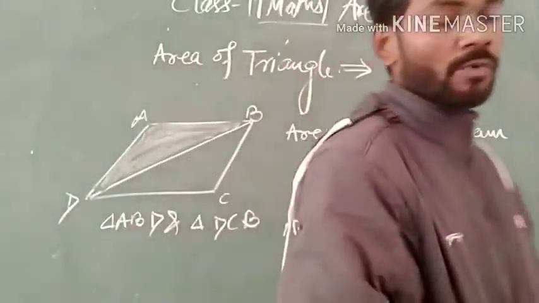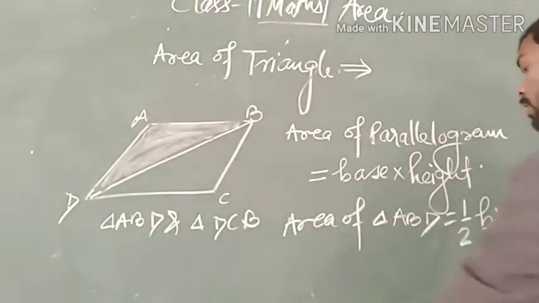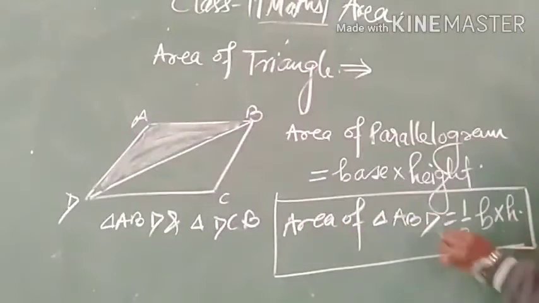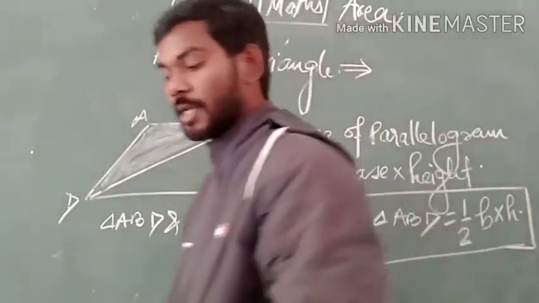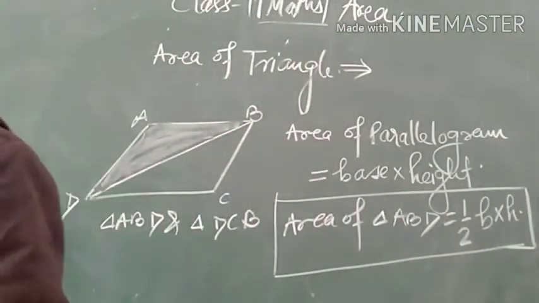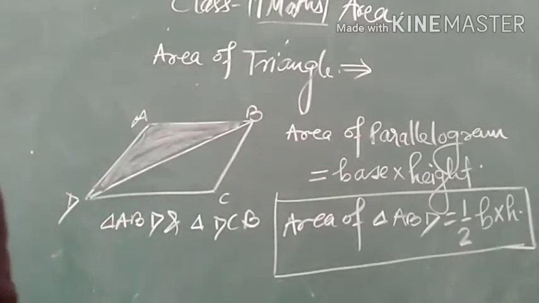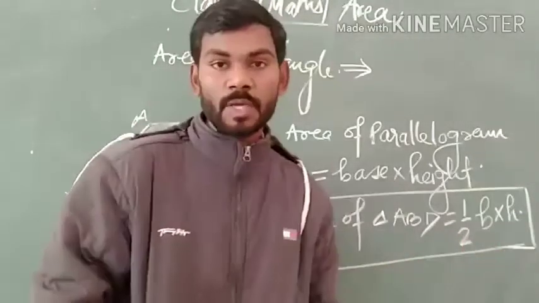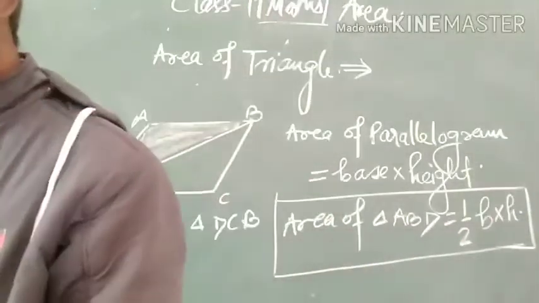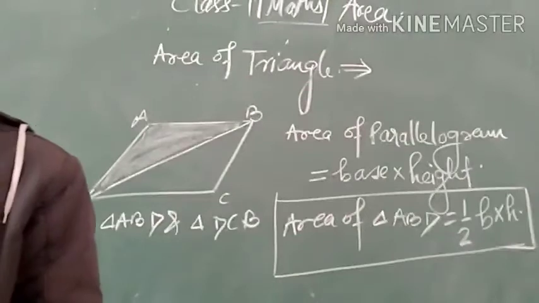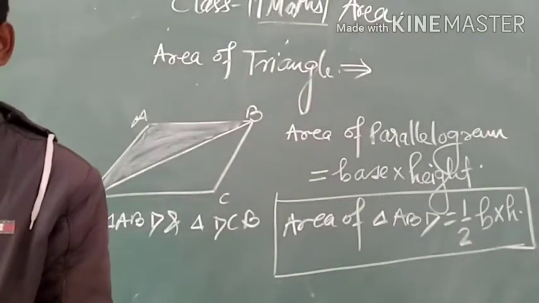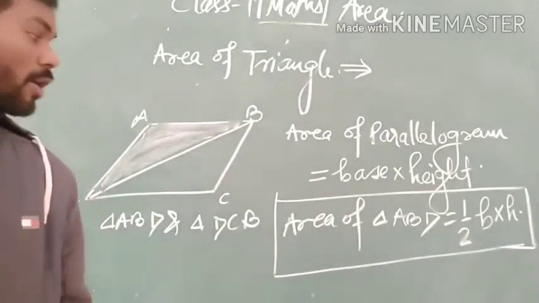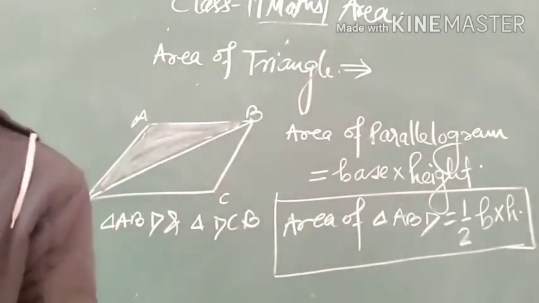This formula will be useful for our further study based on the area of a triangle. So the area of triangle ABD will equal 1 upon 2 base into height. This formula will give us the area of a triangle which is formed by drawing a diagonal in the parallelogram.